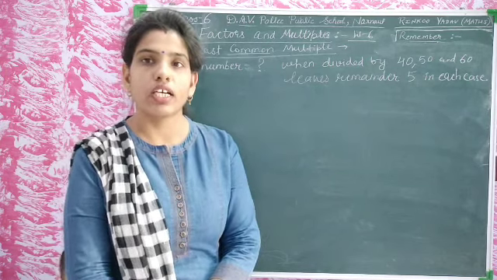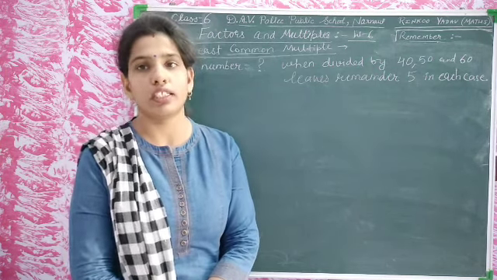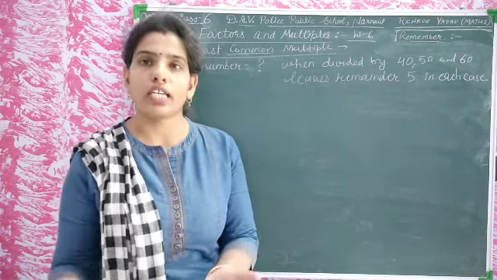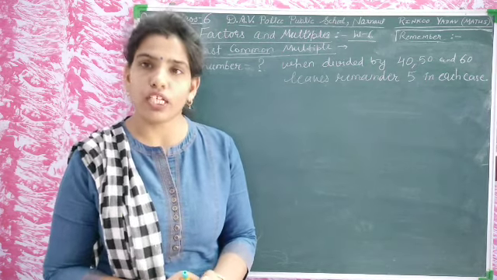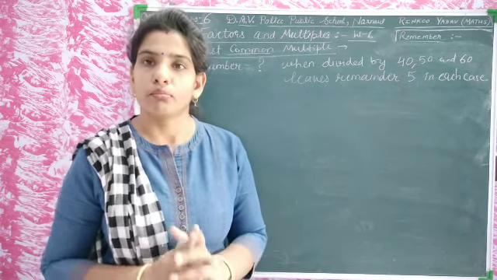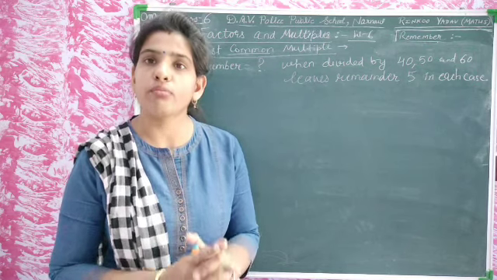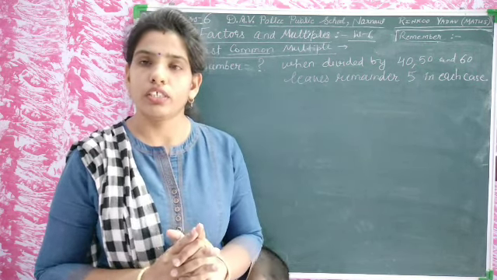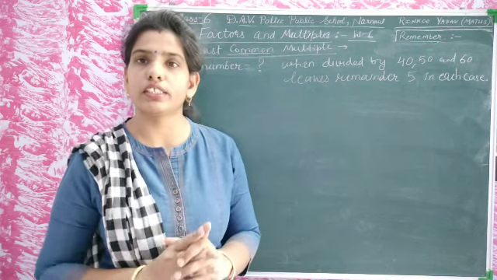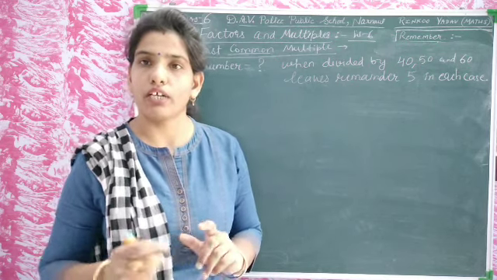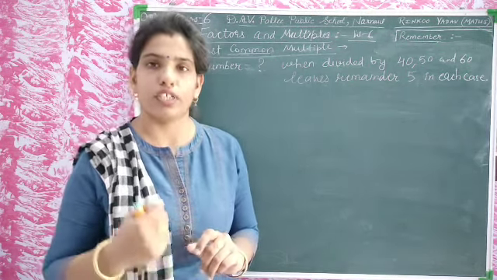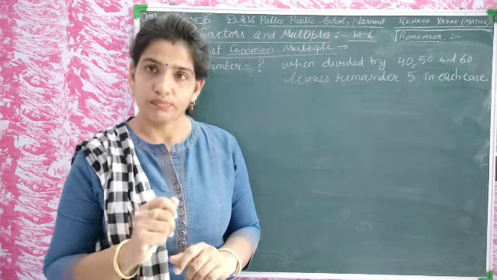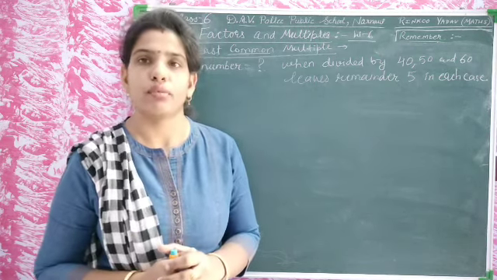We know as well, the least common multiple is the least number divisible by any of the numbers. We can find here the LCM. But if we add the remainder to the LCM, then when this number is divided by 40, 50 and 60, it will give the remainder 5 in each case.